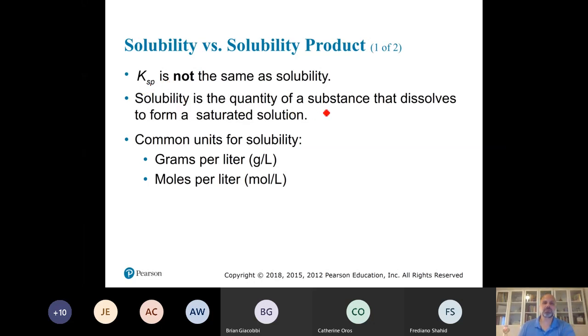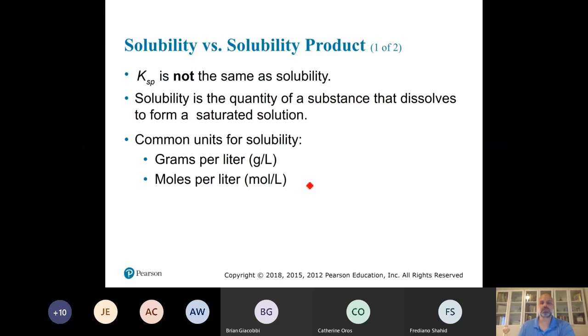Solubility is the quantity of a substance that dissolves to form a saturated solution. So there's a difference. I know they sound really similar and they're related to one another. We're going to cover that. So common units for solubility, right? We're going to have grams per liter or moles per liter, right?